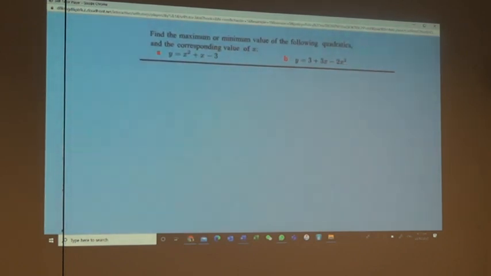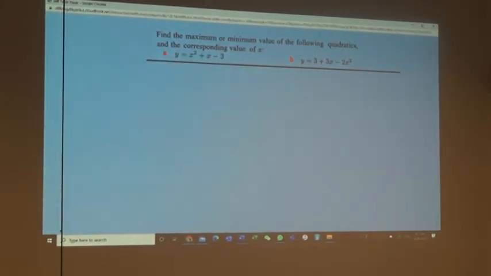In this question, we consider finding the maximum or minimum value of a quadratic function, depending on whether it is concave down or concave up. This process is called optimization, because we are seeking the optimal value. For the quadratic function in part A, the coefficient a is 1, which is positive. The graph is concave up, so we are trying to find the minimum value of the function.